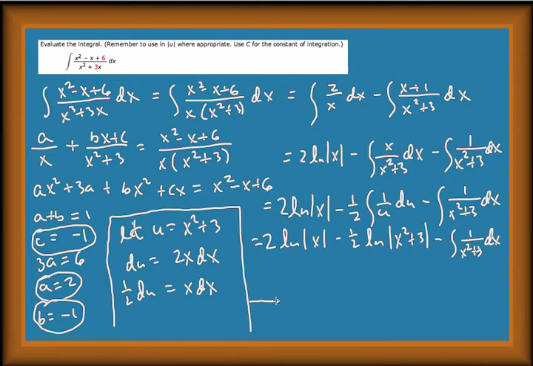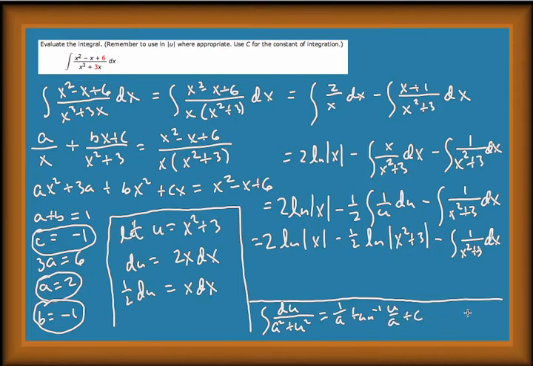I'm going to make myself another little sheet of scratch paper here. And I'm going to note that this last one here looks a lot like this formula that we have. The integral of du over (a squared plus u squared) is just 1 over a inverse tangent of u over a plus C. So all we really need to do here is identify what a and u are.